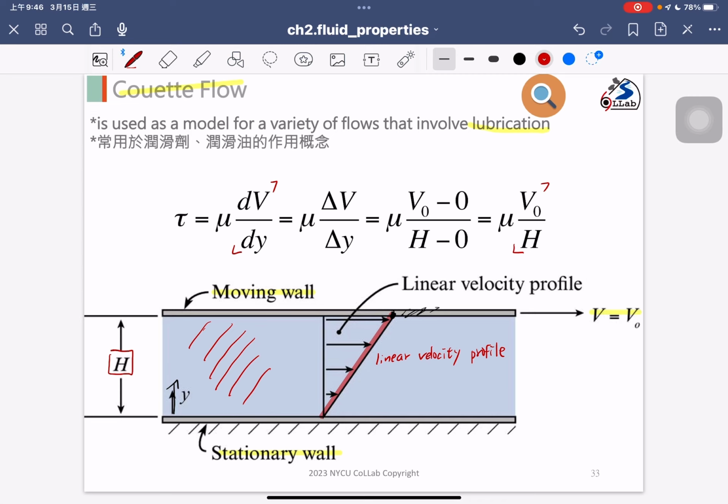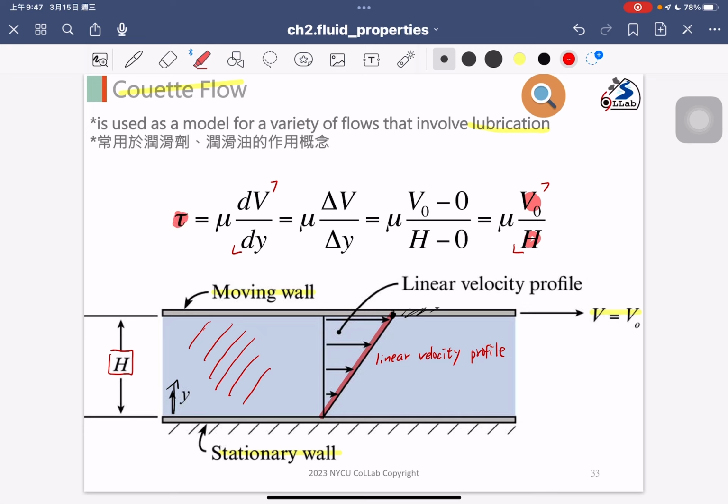We only need to know the thickness of the material and the velocity of the moving wall. And we always have a constant velocity gradient, which indicates we always have a constant shear stress, right?